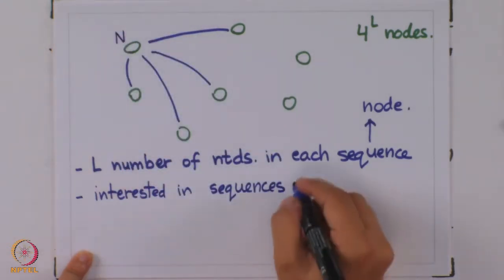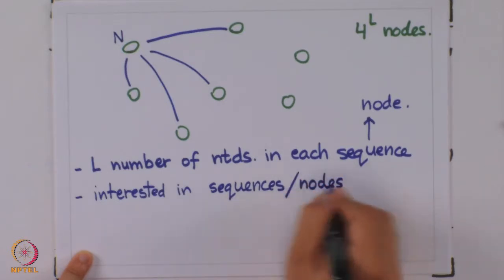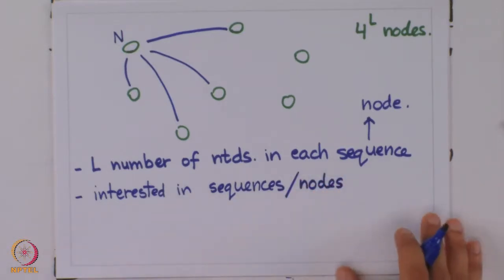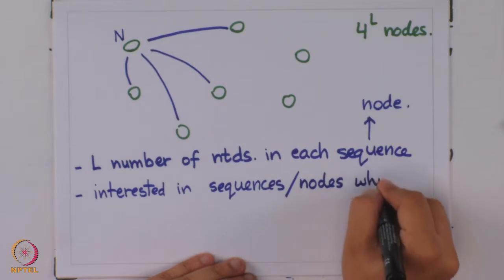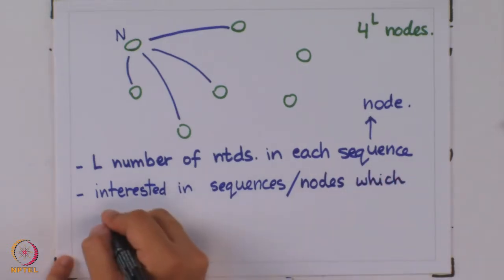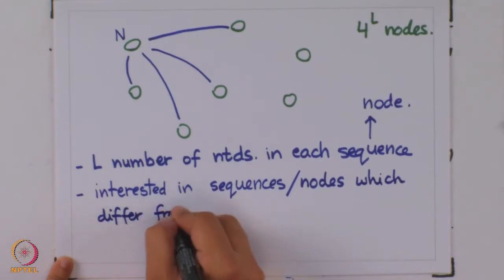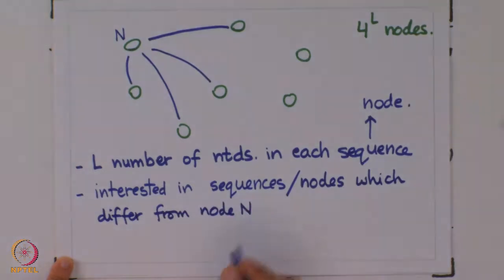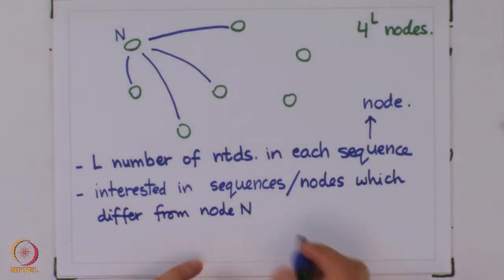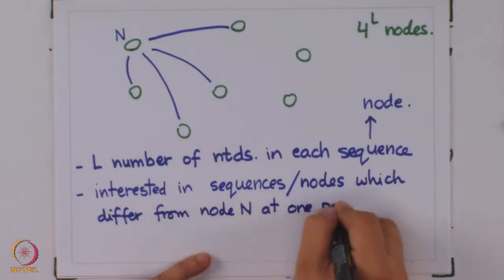We are interested in sequences which are represented by nodes. So, nodes and sequences are going to be used interchangeably in this discussion. We are interested in sequences or nodes which differ from node N, the sequence corresponding to node N, at one position only.